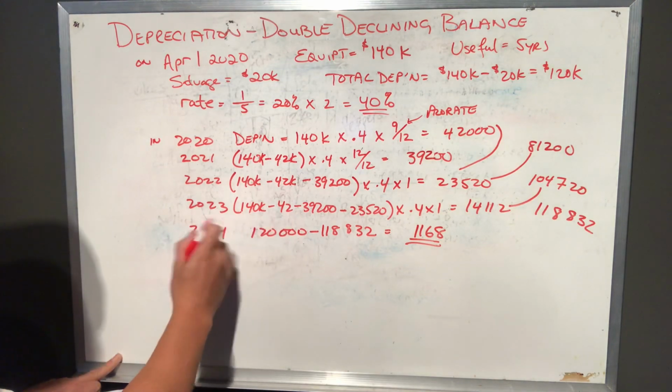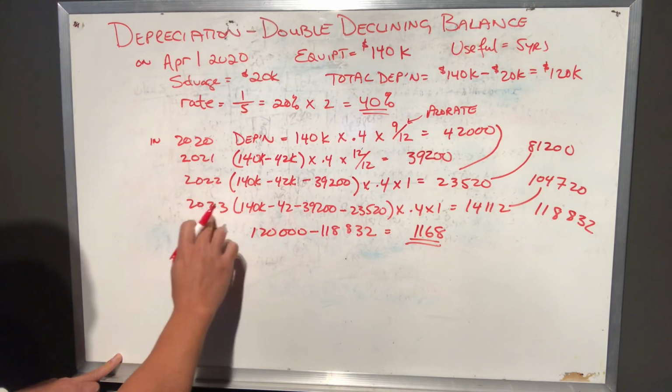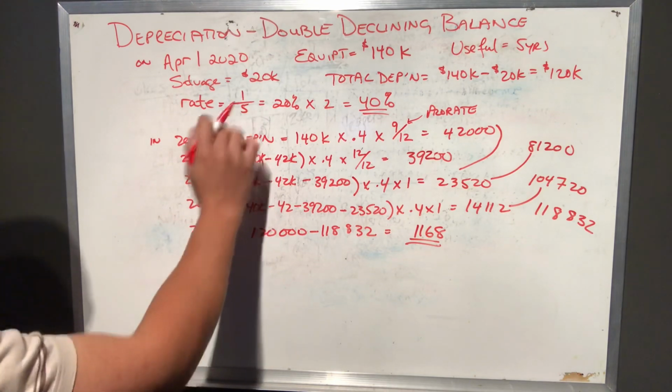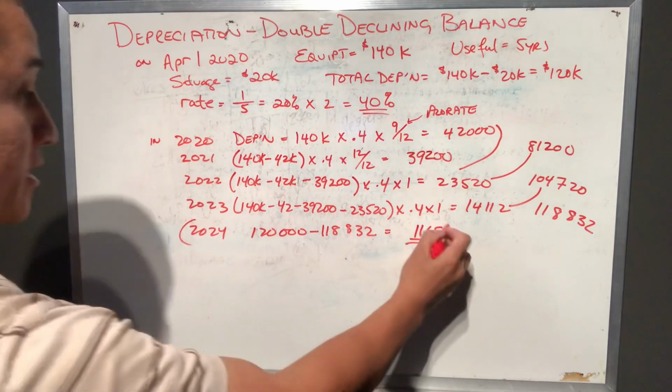Let's say that we calculated originally for the 2024 year as we did in all these steps. What would that give us? Okay, so let's just put that aside.